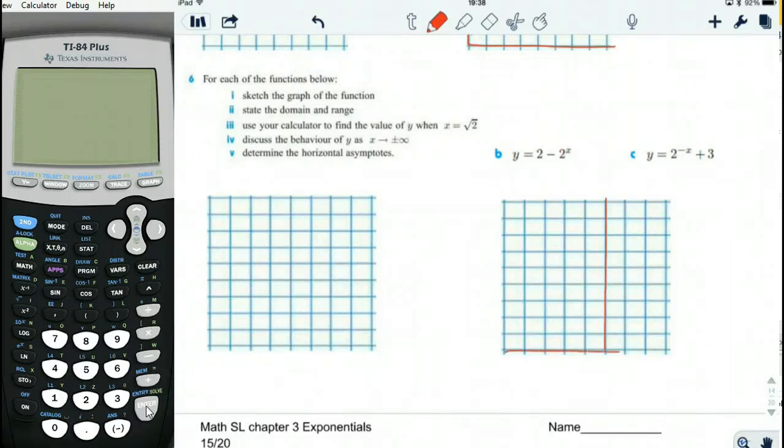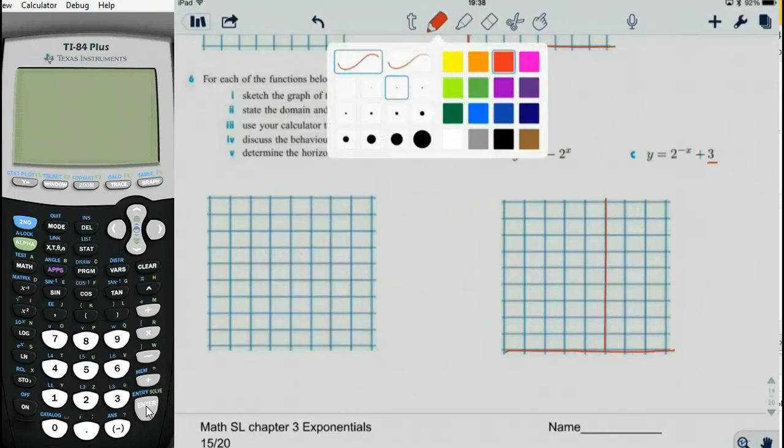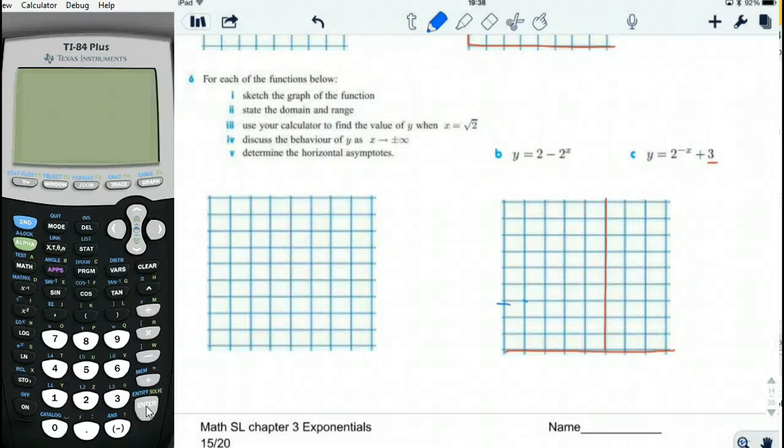I'm going to do the second one here. So it's got plus 3 on it, which means everything is plus 3, including the asymptote. So the asymptote for this function is going to be at y equals 3.